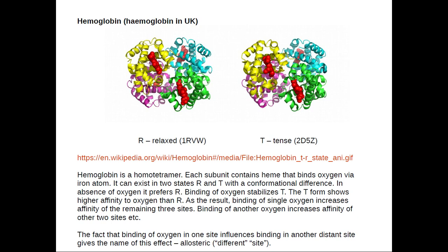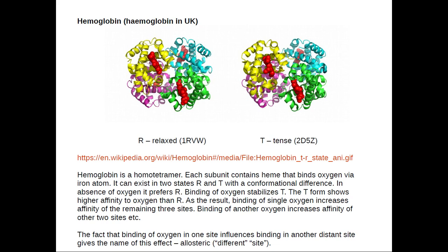So it has a quaternary structure, and each chain, each subunit, contains one binding site for oxygen, one molecule of heme, which you can see in these figures as these red spheres, and the secondary structure is the protein itself, and you can see that there are 4 different subunits: yellow, cyan, green, and magenta.